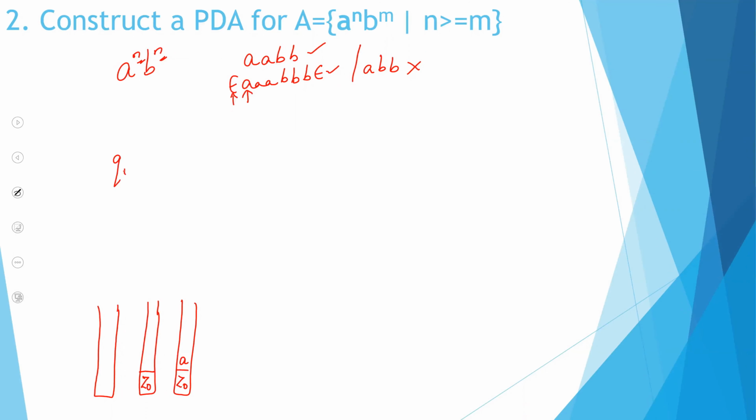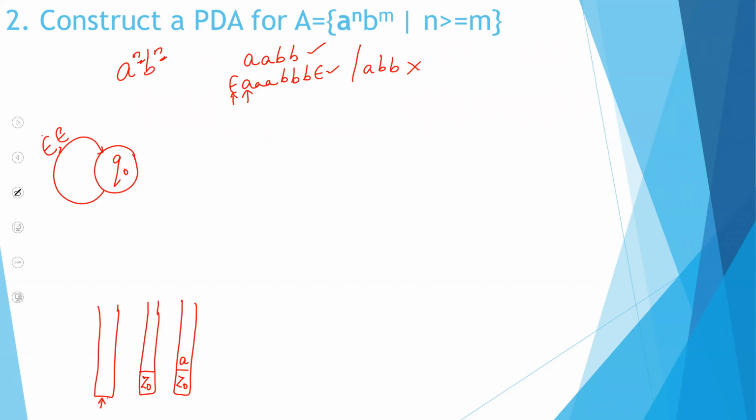You are having an initial state called Q0. Initially, what did I encounter? I encountered an epsilon. Check what was the top of my stack initially. I did not have a top of the stack. My stack was completely empty. So I write epsilon. That is my first epsilon, first null.